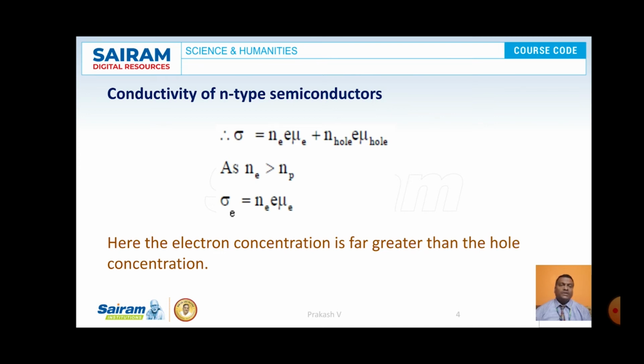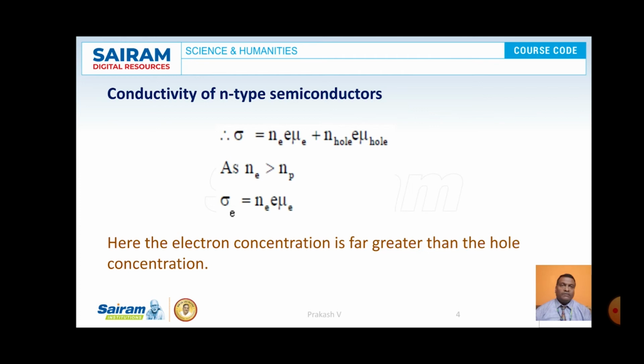The majority charge carriers in case of n-type semiconductor are electrons. That's why the number of electrons per unit volume of the material, Ne, is greater than Nh, where Nh is the number of holes per unit volume of the material. Here Ne is very much greater than Nh. That's why the second term in this equation is not taken into consideration.